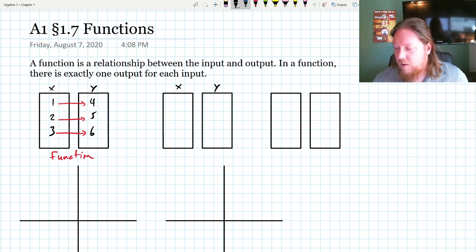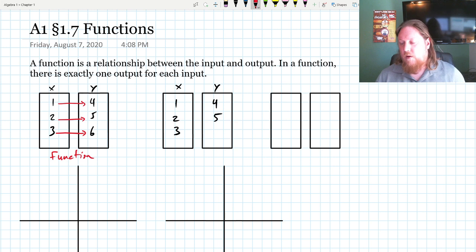Let's do 1, 2, and 3 again for the inputs, but this time we're just going to do 4 and 5. Let's say you have a relationship where 1 goes to 4, 2 goes to 3, 3 goes to 5. You're okay right here. This is perfectly fine.